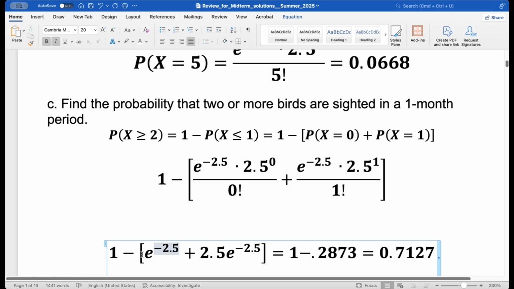So you could combine those and get 3.5 copies, or you can plug that into the calculator using the E button on the calculator. It's 1 minus 0.2873. It's about 0.7127 for the probability that 2 or more birds are sighted in a 1 month period.